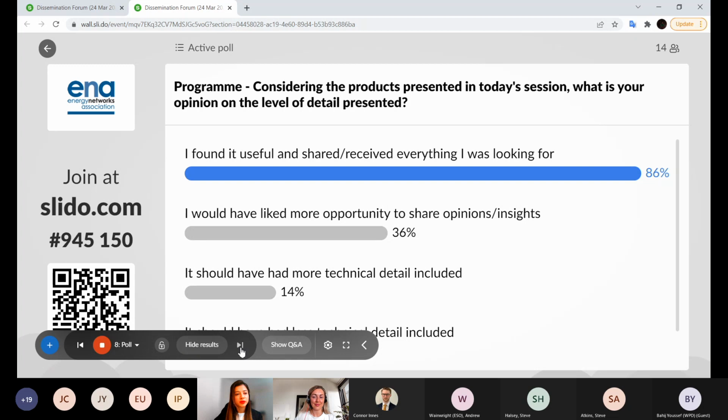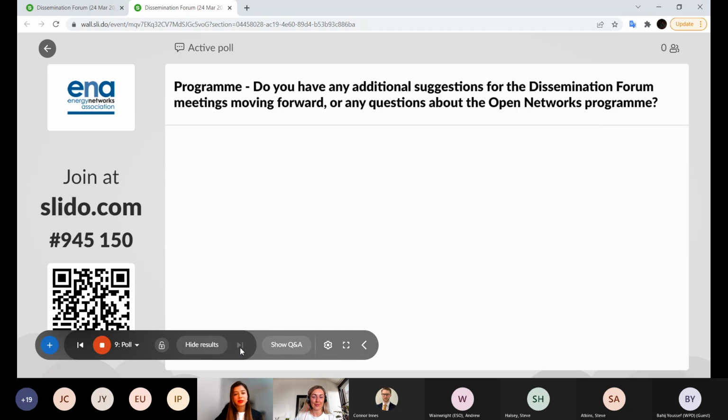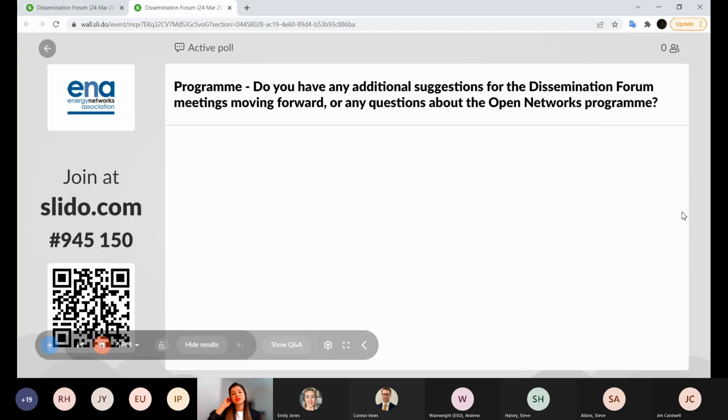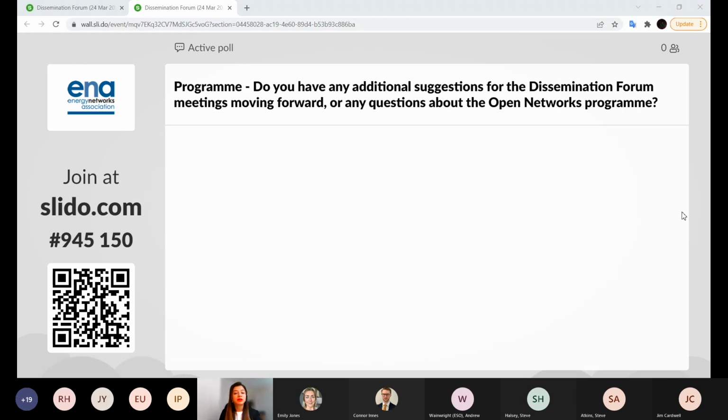Okay, so should we move on to the next question then? As I mentioned previously, this is more an opportunity to share open feedback with us. We recognize previous ones have been quite binary polls, so this is really an opportunity for people to give us any suggestions on how we could better facilitate these sessions, what type of content you prefer, or anything else at all.